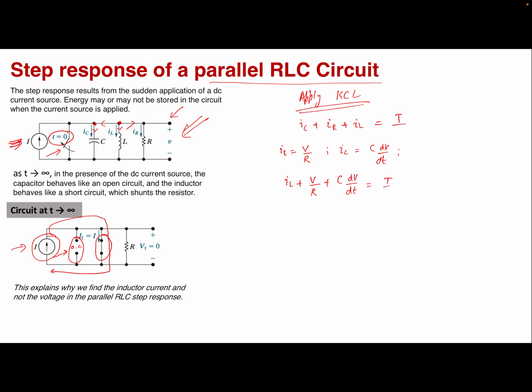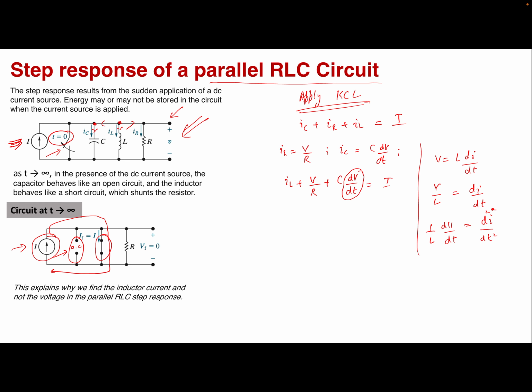Now I'm more interested in replacing this dV by dt, right? I also know that in terms of the inductor, the voltage across the inductor equals L di by dt. So I can also write this as V over L equals di by dt. I can take a time derivative on both sides, and I would get 1 over L dV by dt equals d squared i over dt squared.